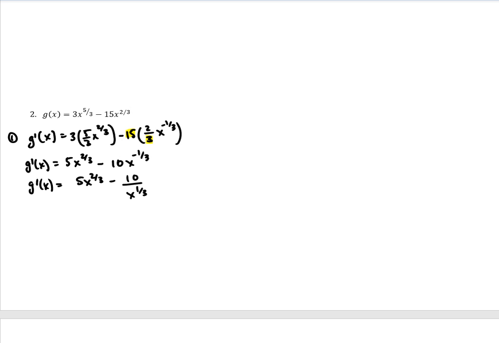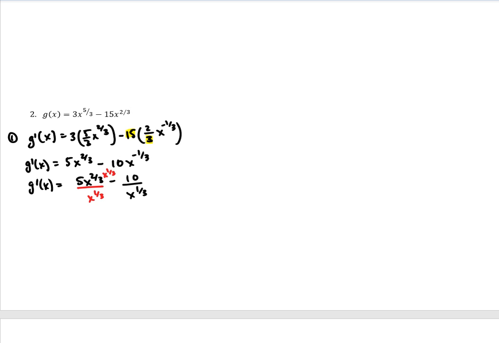That way we can see we're dealing with fractions, not even just fraction powers, but fractions as our terms. And what I want then is a common denominator. To get that, I would multiply this by x to the 1/3 on both the top and bottom.